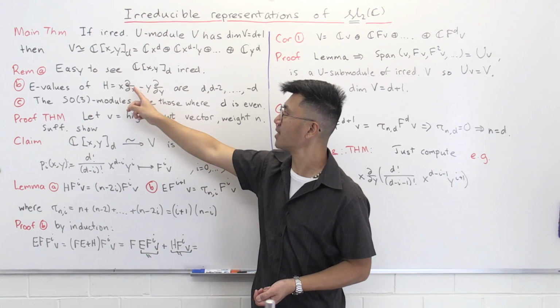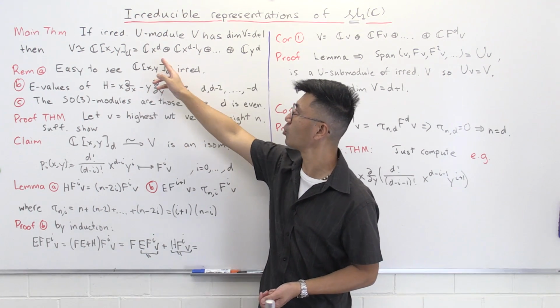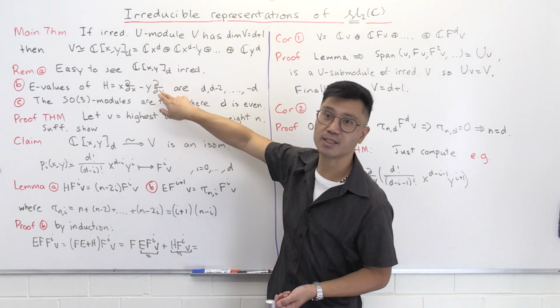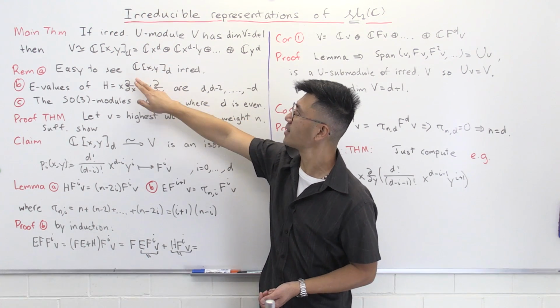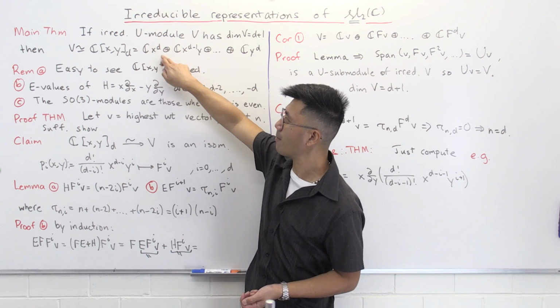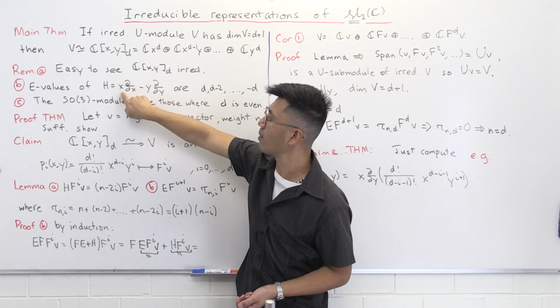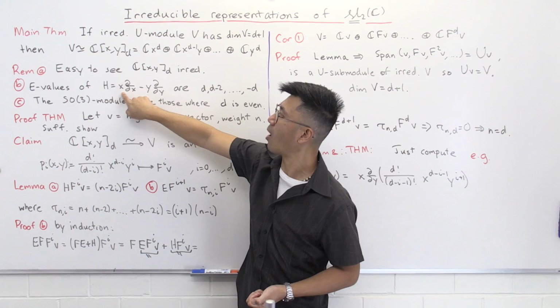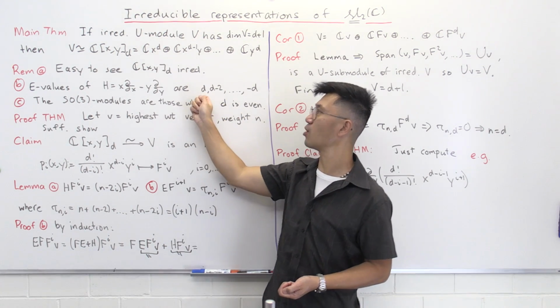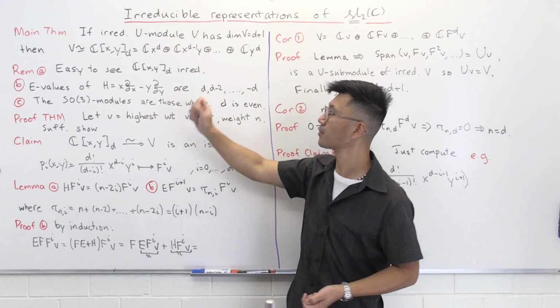So what does x d/dx minus y d/dy do to all of these monomials? For example, on the first one, y d/dy sends that to 0. For x d/dx, firstly d/dx gives you d times x to the d minus 1, and then you increase the degree of x by 1, so you get d times x to the d. So the first eigenvalue is d here.